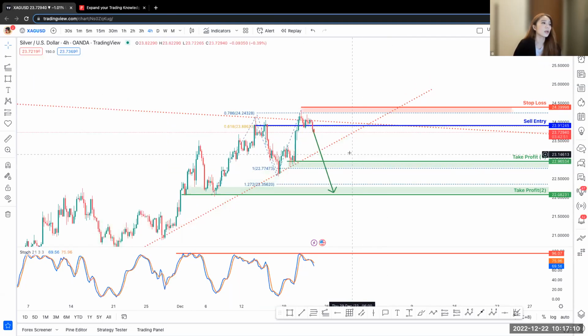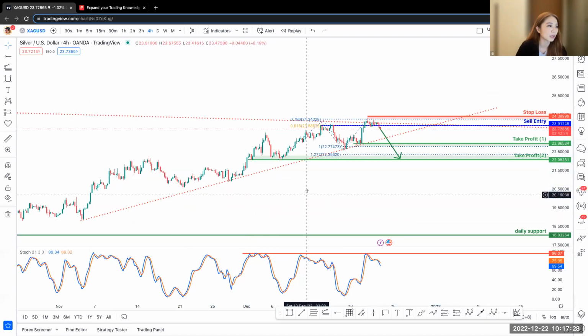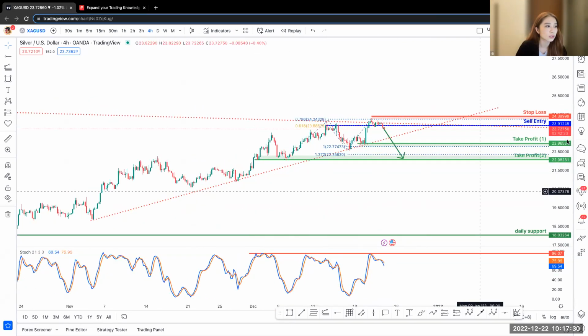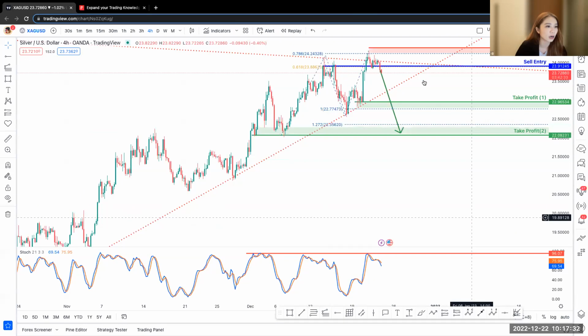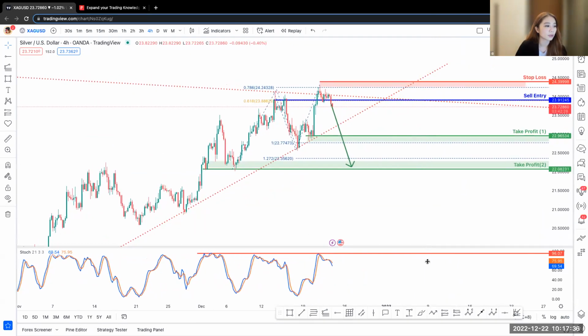In any case, this take profit should exit the trend line a little bit. We have the first take profit, but if it eventually breaks through, we can have a second take profit. We are seeing this upward moving trend line for now, so price has yet to break. This is why we chose to have a rather close stop loss.